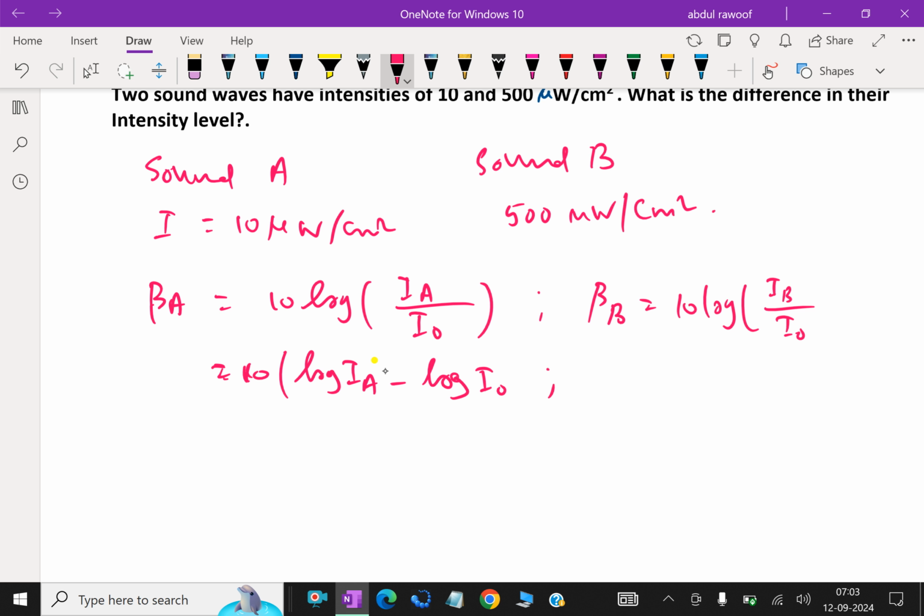This side, for sound B, is 10 log IB minus log I0.